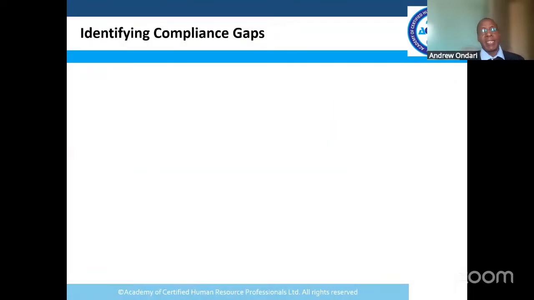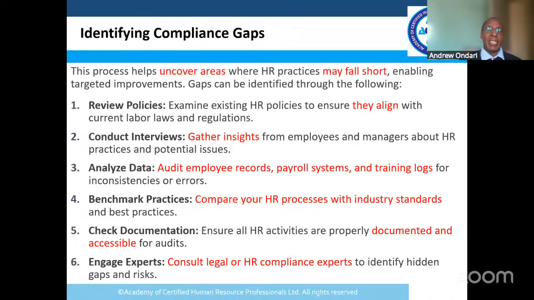So next is how can we identify gaps? There are many ways of identifying gaps. And maybe I can ask a question after I've gone through the compliance checklist. One is reviewing our policies on a regular basis to ensure that they are aligned with the labor laws.